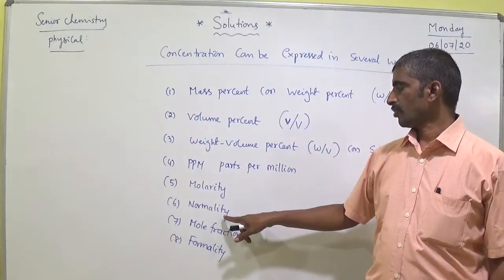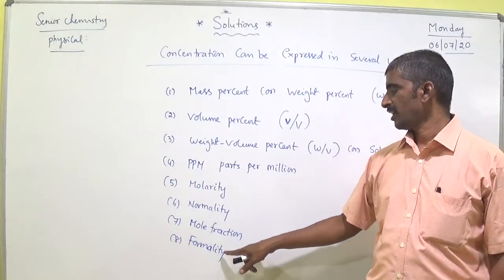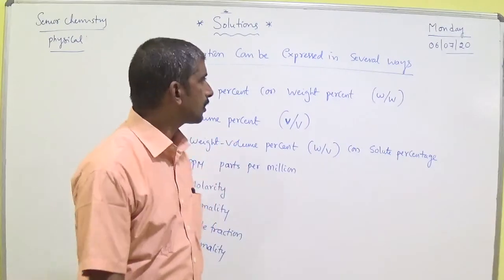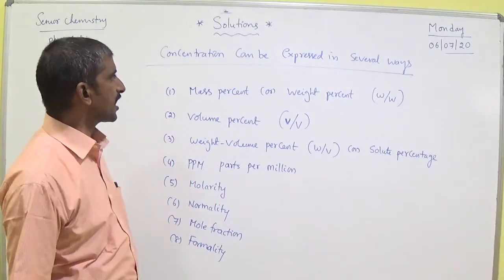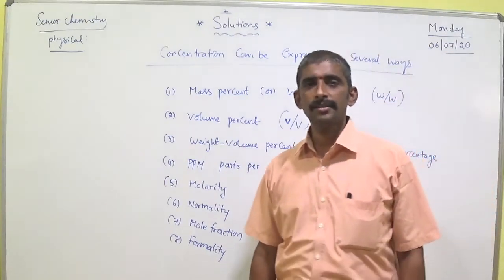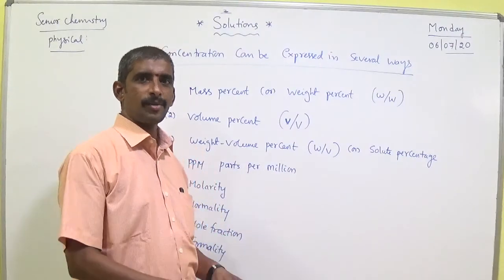Molarity. Sixth is normality. Seventh is mole fraction. Eighth is formality. Understand, students? Understand all points?